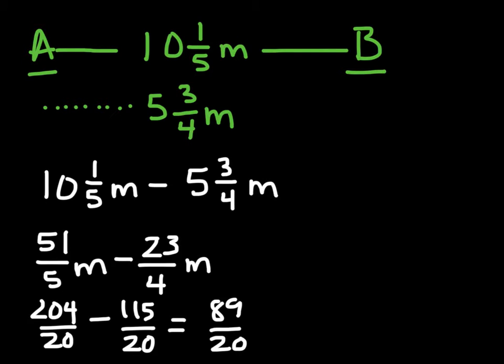Our final step is to convert our fraction back into a mixed number. So 89/20 becomes 4 9/20 miles. So there are 4 9/20 miles remaining to travel.